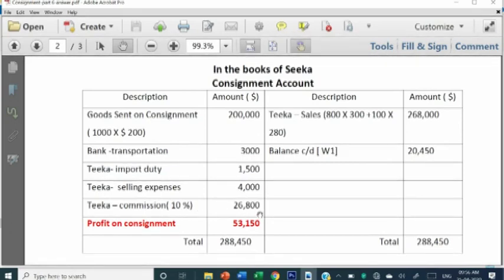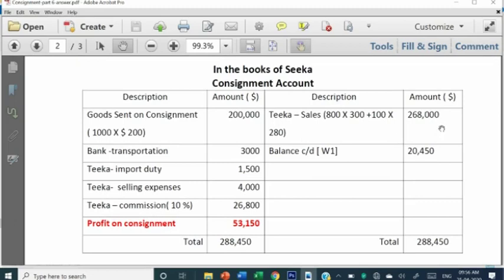Consignee's commission is at 10% on sales. It is 26,800. Now coming to the credit side, sales. Consignee sold 800 at the rate of 300 and 100 units at the rate of 280. So total sales 268,000, and the value of unsold inventory is 20,450. Let us see a little later how to calculate the value of closing inventory.